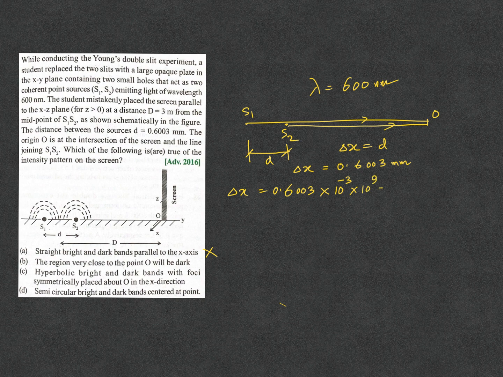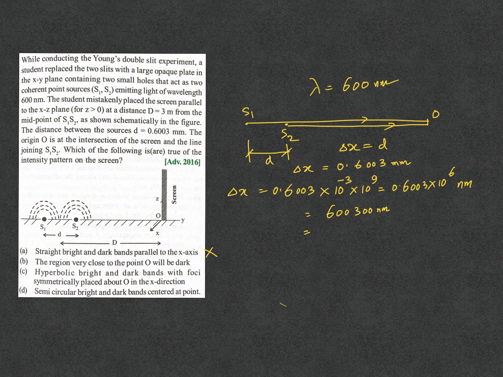So that means 10 to the power 6. So that means 0.6003 into 10 to the power 6 nanometer. So that is 600,300 nanometer.